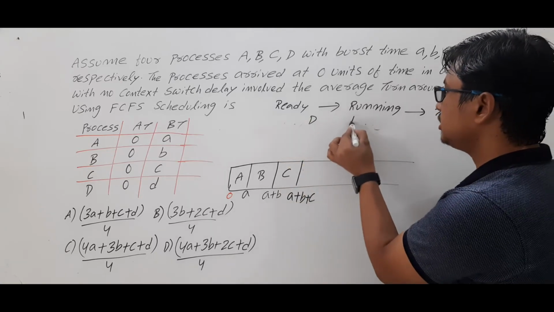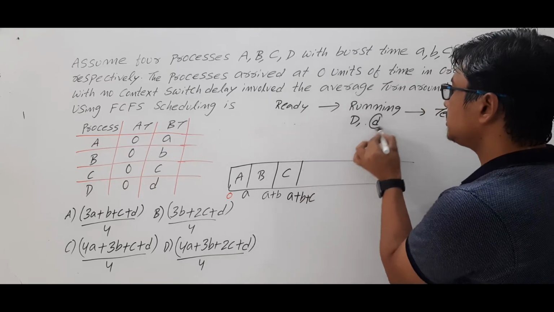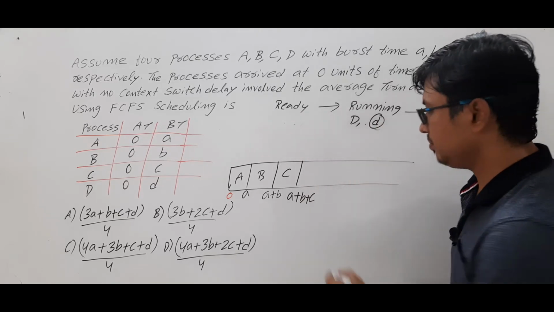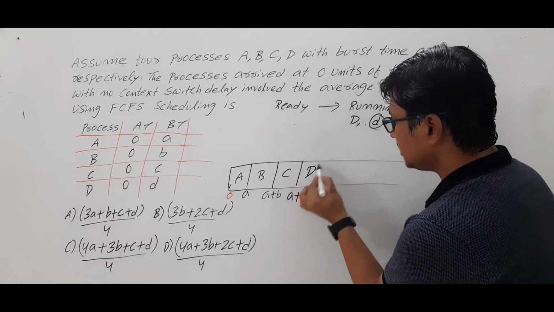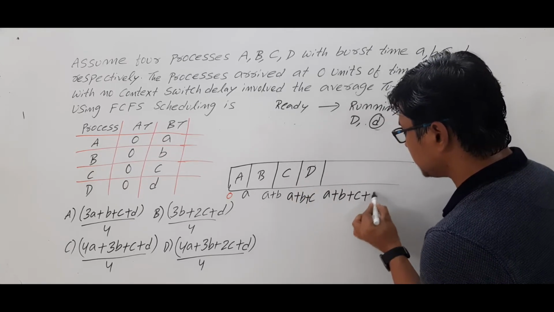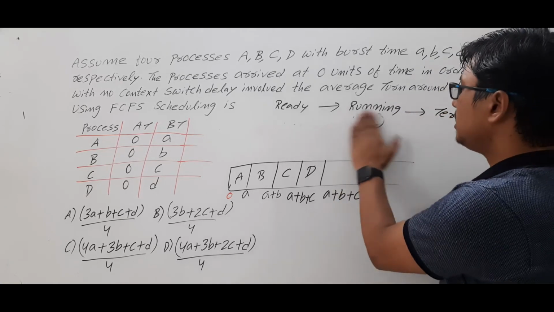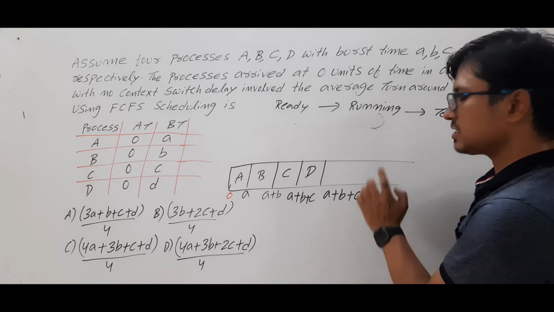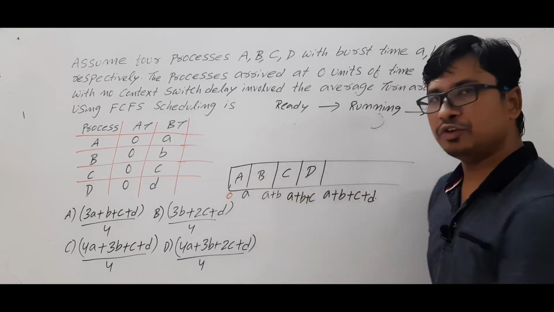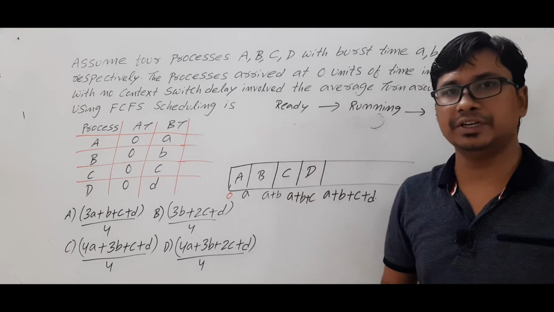It will be scheduled to the running state and it needs small d units of time. So process D will complete its task at a plus b plus c plus d units of time and go to the terminated state. So at a plus b plus c plus d units of time, all the 4 processes, A, B, C, D, have completed their tasks.